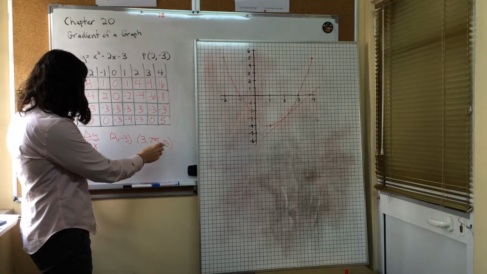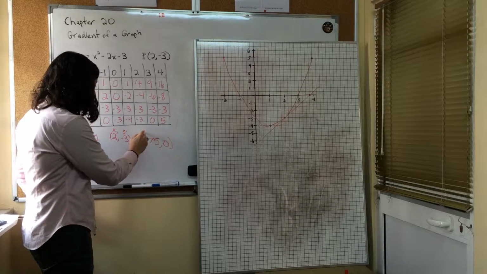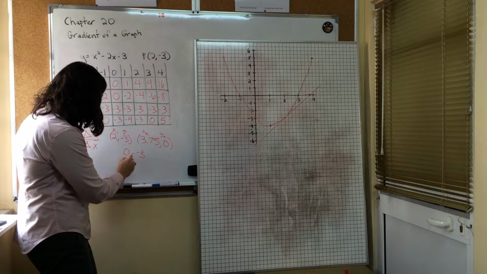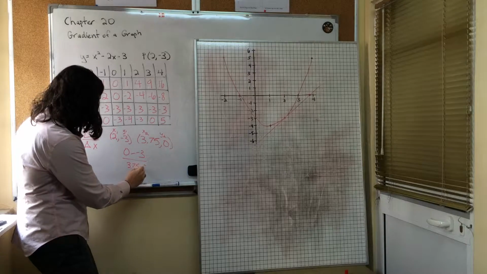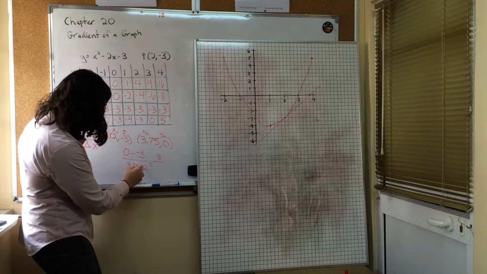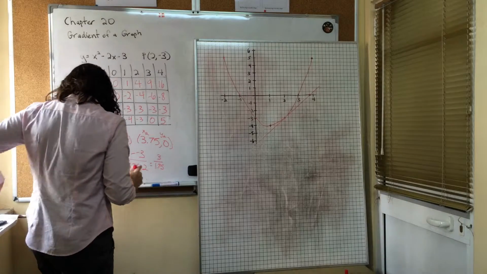So if we look at this, we call this one x1, y1, and this point x2, y2. We have 0 minus -3 over x2, 3.75 minus 2. So we have 3 over 3.75 minus 2, which is 1.75.